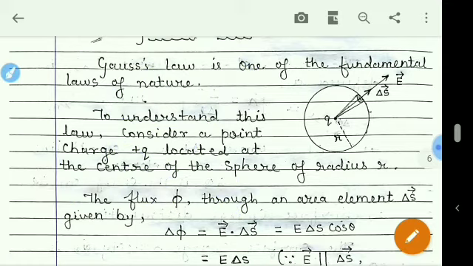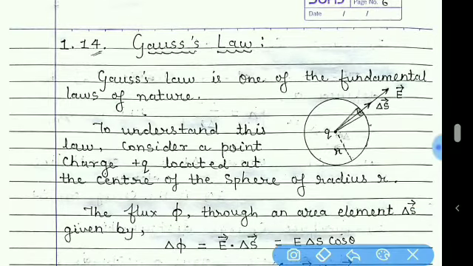Now for a flat surface like this, the area vector is normal to the surface. But if the surface is curved like this, then the area vector at any point will be coming out of such a surface.